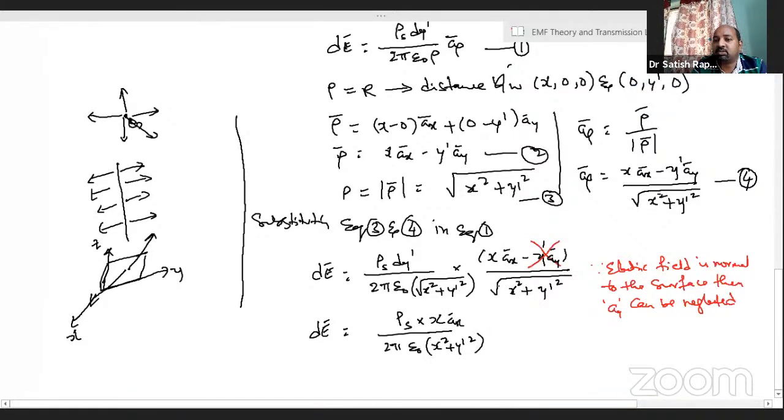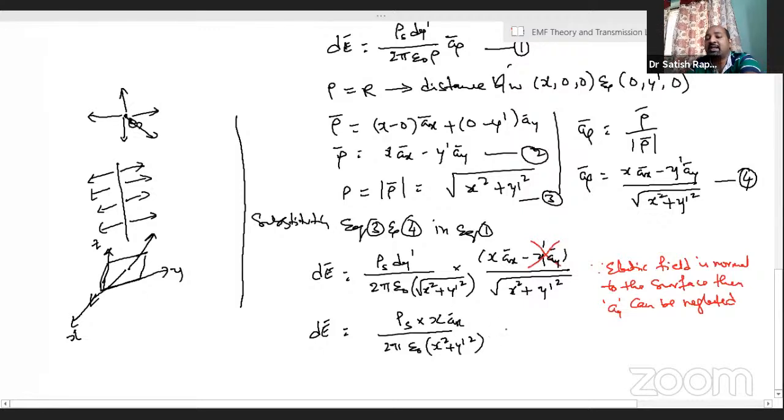So this into this, you'll get the whole square, and x square plus y dash square you will get. So this is the simplified equation. And now this is the electric field due to the differential width strip.